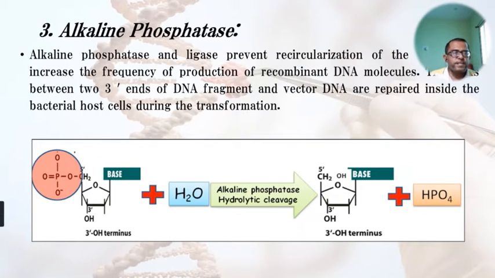So our interested DNA fragments can join with the plasmid fragments and form the phosphodiester linkage. This joining of plasmid fragments to the DNA source of our interest is carried out by the DNA ligase enzyme. So finally we get a higher frequency of production of recombinant DNA molecule when we treat the plasmid fragments with alkaline phosphatase enzyme.